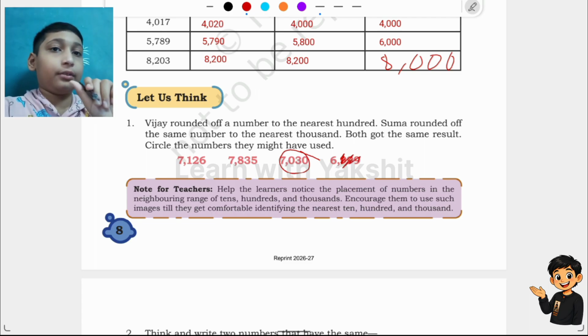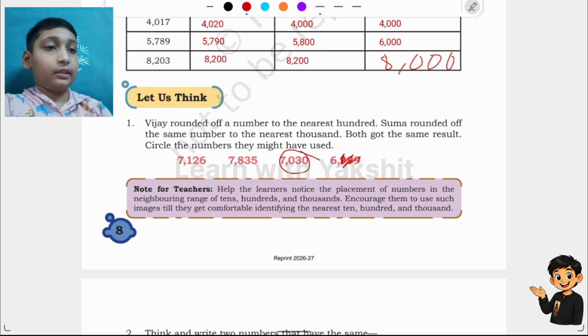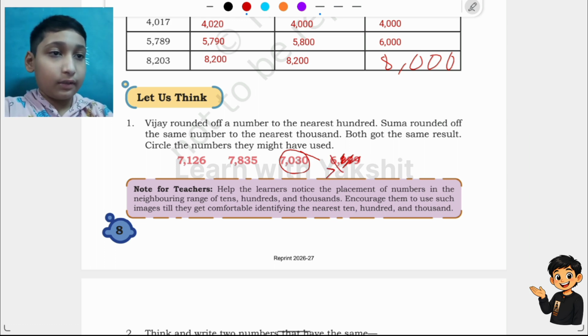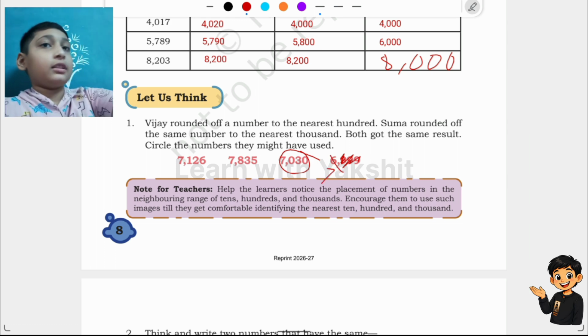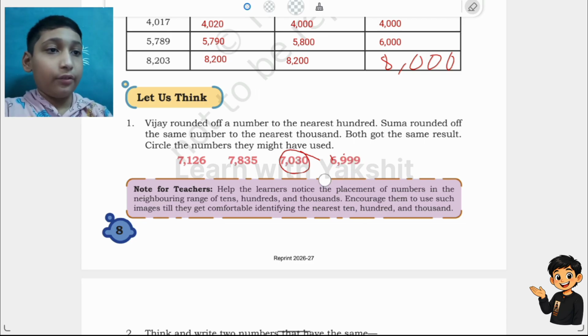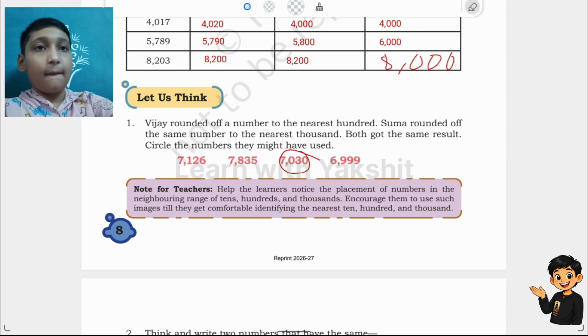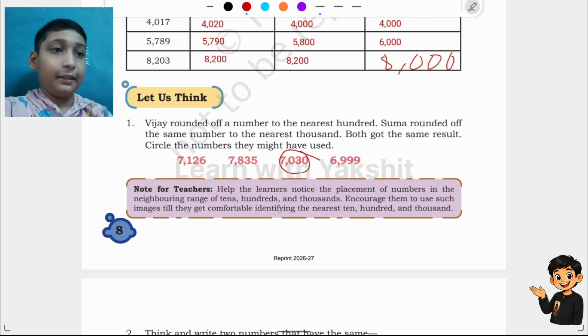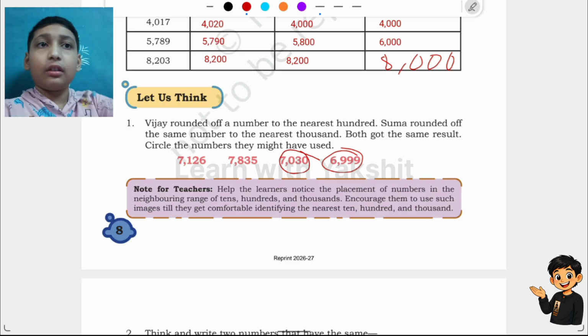It's more than 6500, so we'll cut this to a 7. 70,000. Did we just figure out another answer? So you have to circle this too, and realize these both numbers are very close.